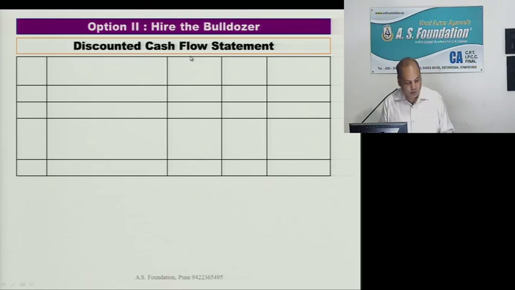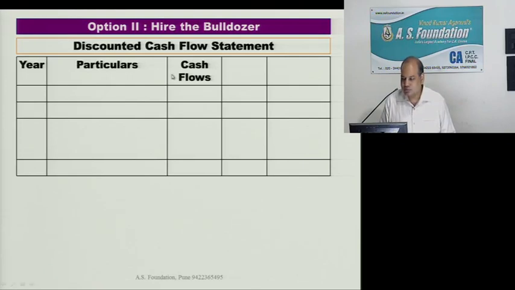You are going to pay 45,000 rupees per annum at the beginning of the year. So write down calculation of present value. Format is same: year, particulars, cash flow, discounting factor at 10%, discounted cash flow.